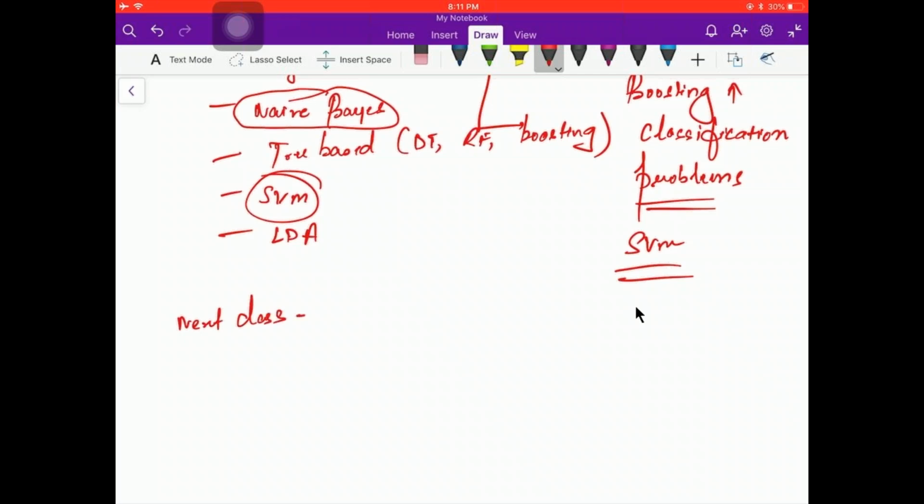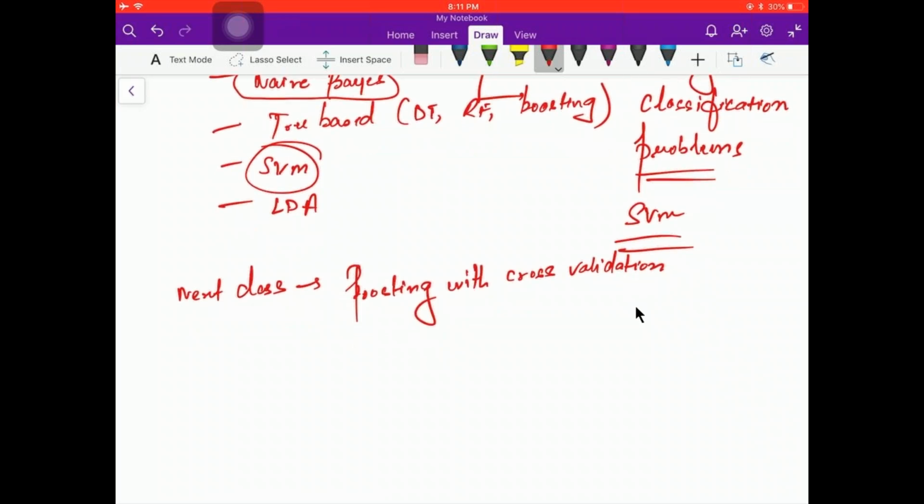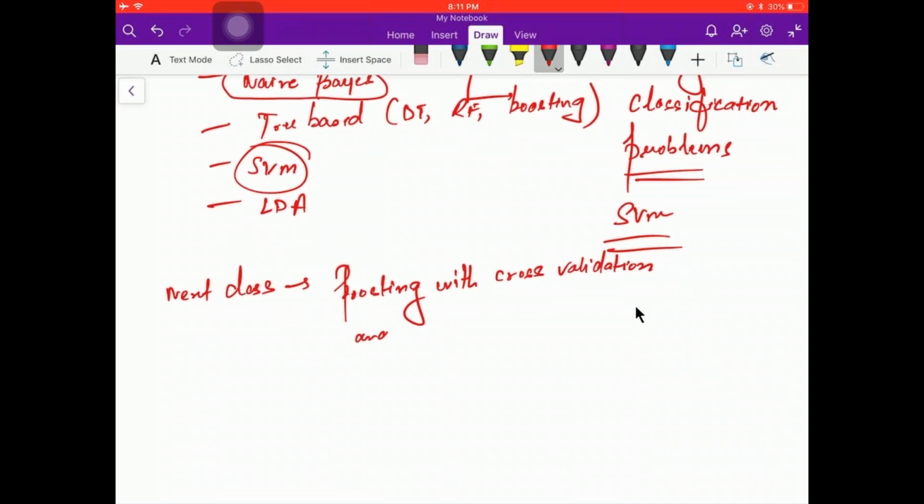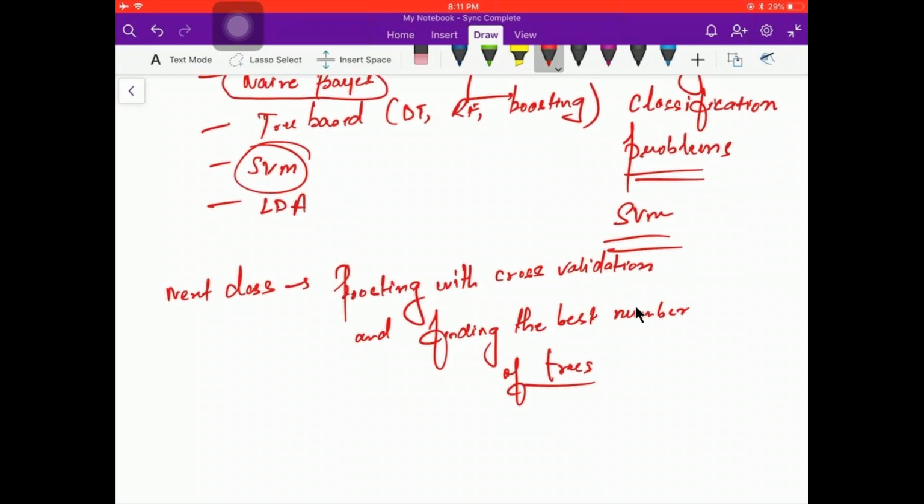Yeah, next class do that: boosting with cross validation and finding the best number of trees. Okay, do this for next class.